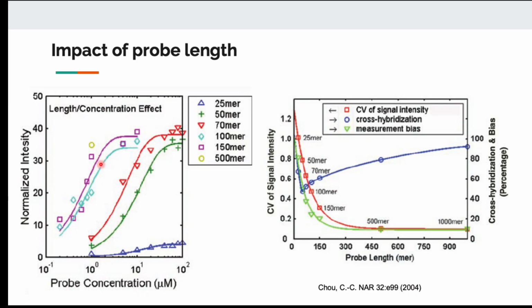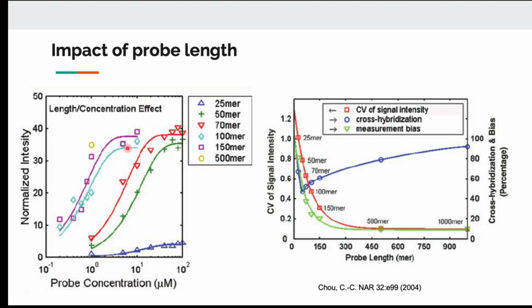But one limitation of microarray is that if you have a very high concentration of your sample, at a certain point it's going to saturate. This is normal for any chemical reaction. Up to a certain point, the signal is not going to get stronger. This is where you get the same signal regardless of how much more RNA you put in.